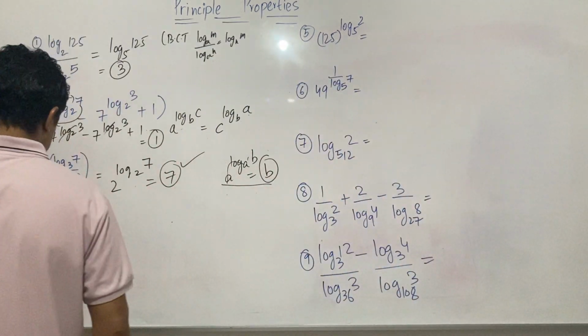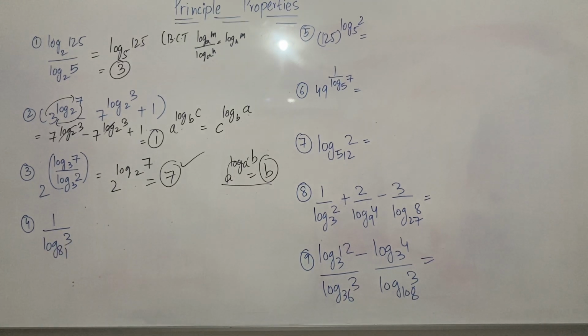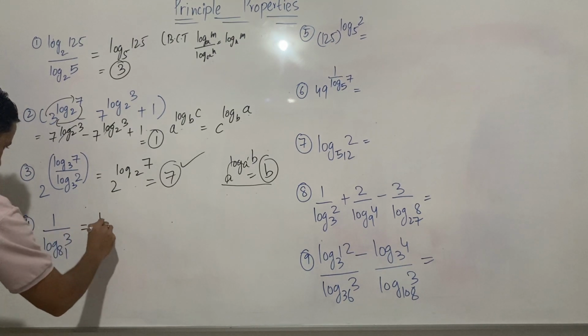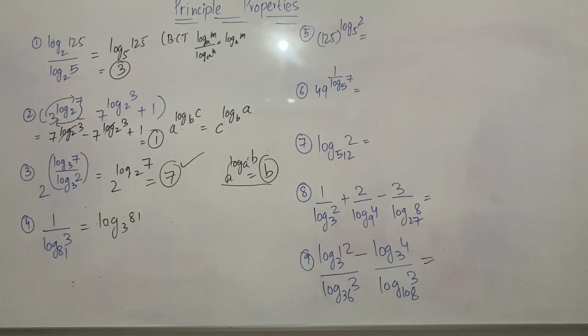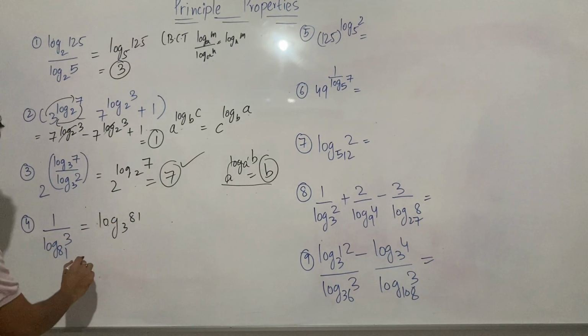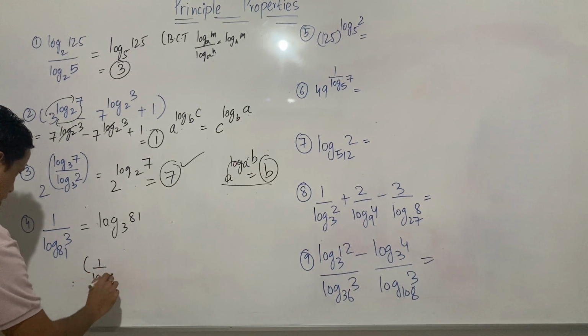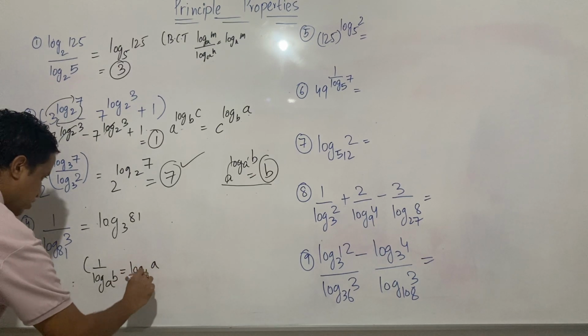Now go to next, number 4. 1 by log 3 to the base 81. Now see here, this log 3 to the base 81, what I can do here is, this can be written as log of 81 to the base 3, right? What I used here is 1 over log b to the base a is log of a to the base b.